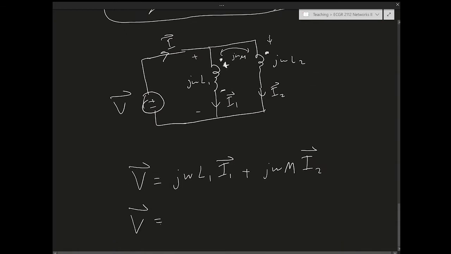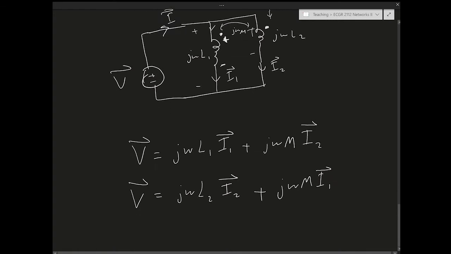V, again, equals the self term, j omega L2 I2, and then I have the mutual term j omega M I1. Now the question is the sign. Is I1 entering into the dot? Yes, that's positive. Is the polarity of the voltage I'm interested in the same as the dot? Yes, so this remains positive.